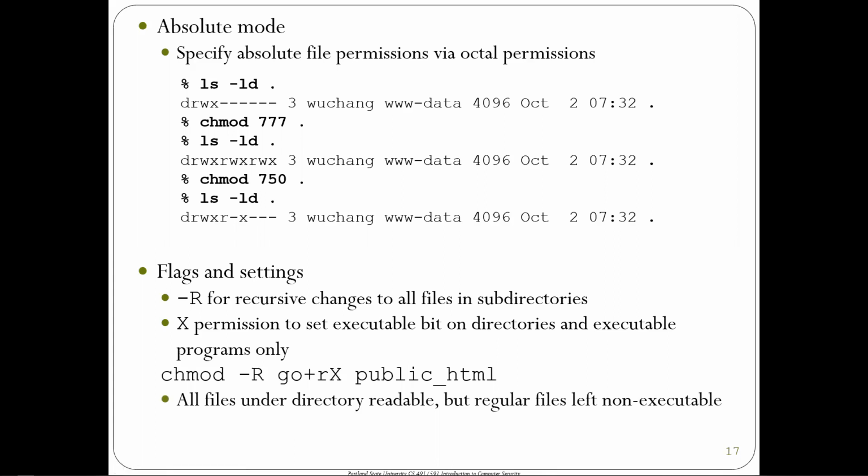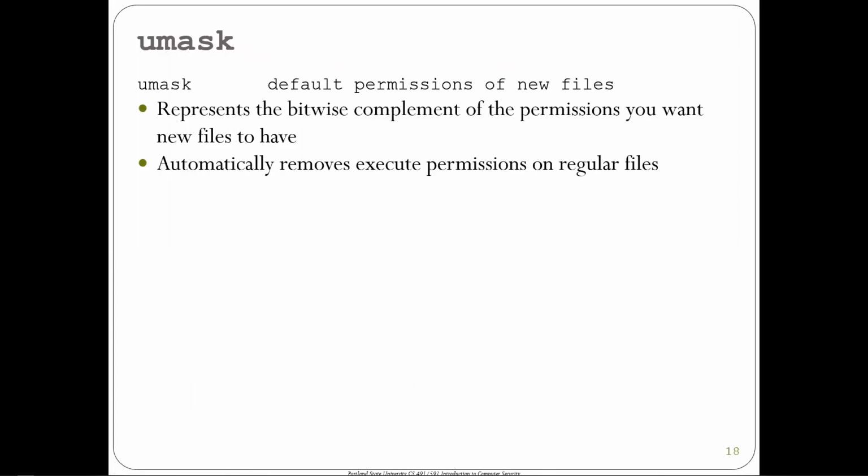Okay. The next thing I want to talk about is how do these permissions get set by default? So that goes to your question. There is a command called umask, which will specify the default permissions of any new files that you create. And this is specified as a bitwise complement of the permissions you want the files to have.